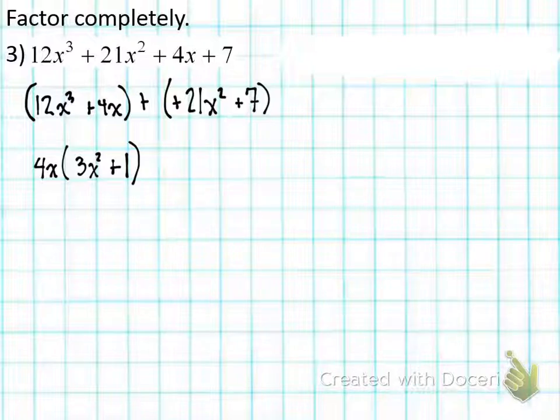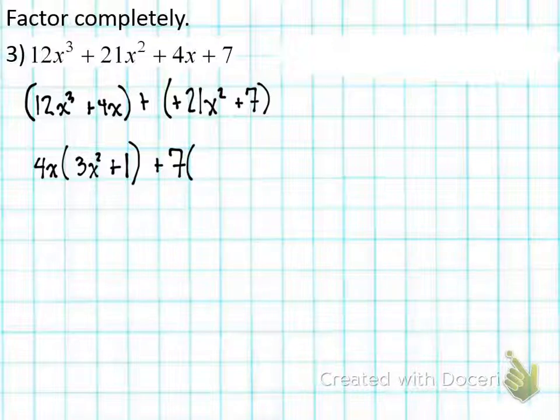What's the common grouping or factor of 21x squared plus 7? Positive or negative 7? Positive 7.